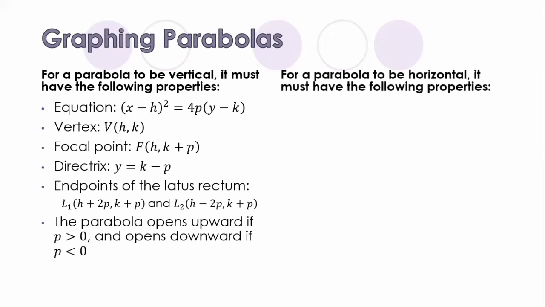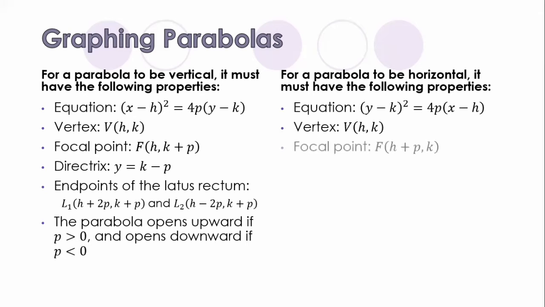For a parabola to be horizontal, it must have the following properties. Equation: (y - k) squared = 4p(x - h). For the vertex, V(h, k). Focal point, F(h + p, k). And directrix, x = h - p.